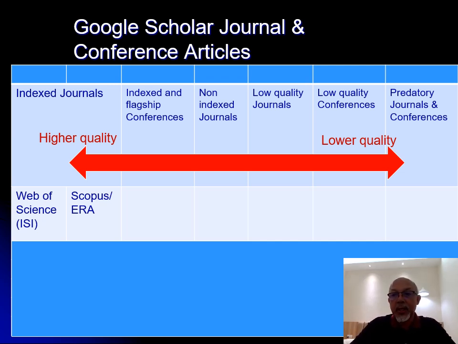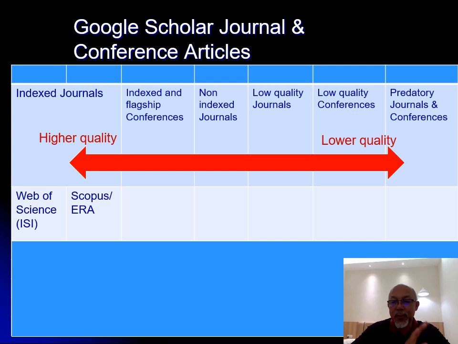First, when we are doing a literature review, we are looking for sources of published articles, so we look at where the sources are. From the right will be predatory journals and conferences, and on the left, index journals. So we have seen that the higher quality ones are in the index journals.